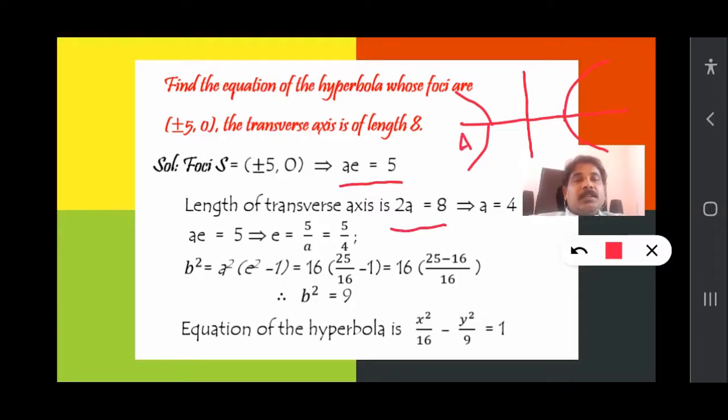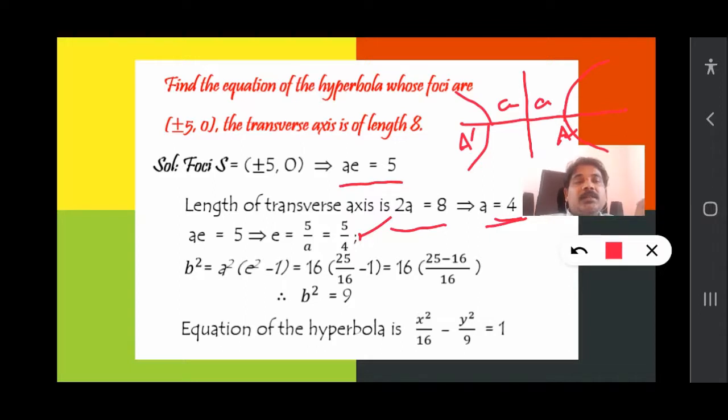This is A dash, this is A. The length between A dash and A is 2A, the length of the transverse axis. Therefore, 2A is equal to 8, A is equal to 4. AE is equal to 5, therefore E is equal to 5 by A, which is 5 by 4.